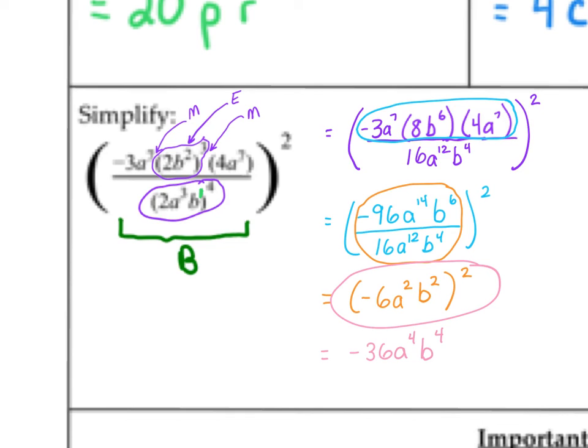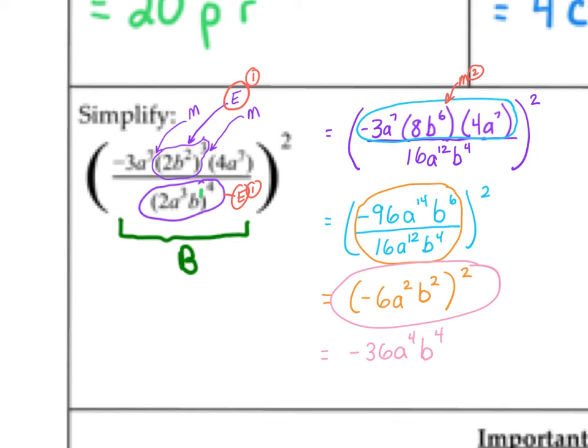So inside the bracket, the first thing you want to make sure you do is the exponent. Anything with an exponent, you do first. Then you multiply the numerators.